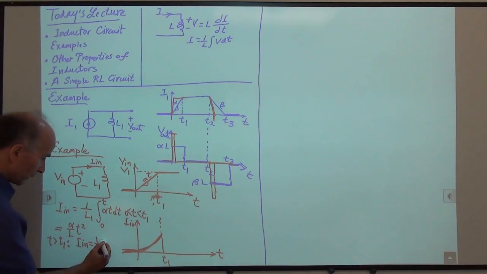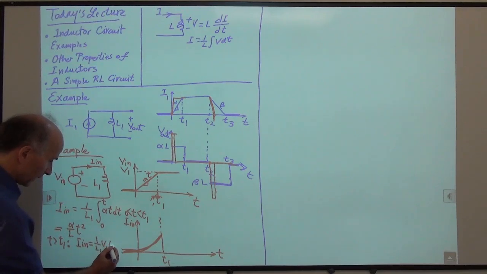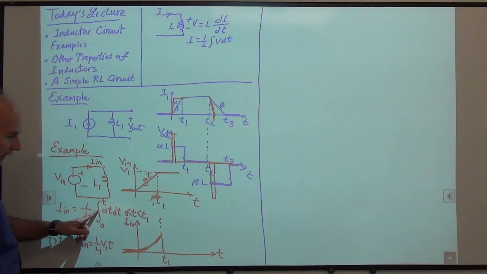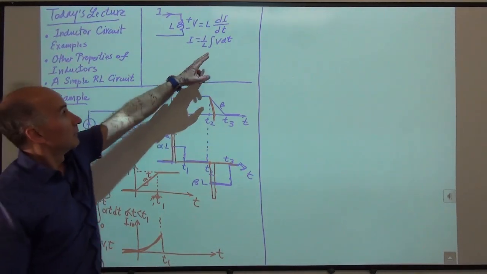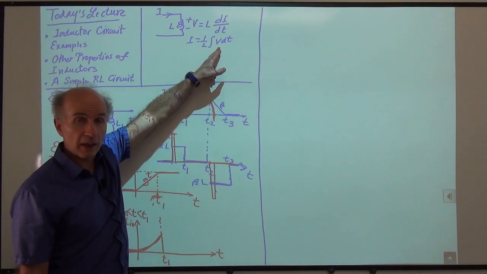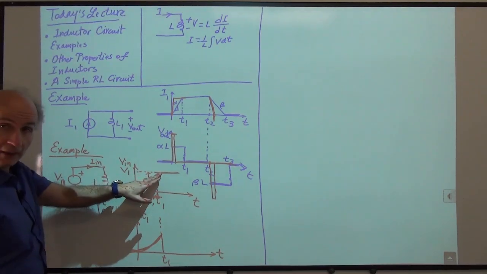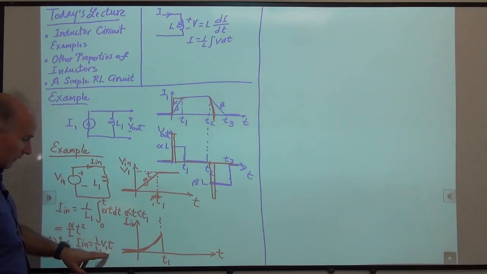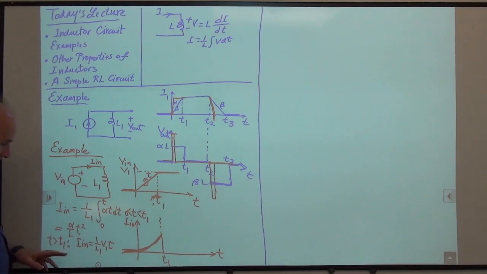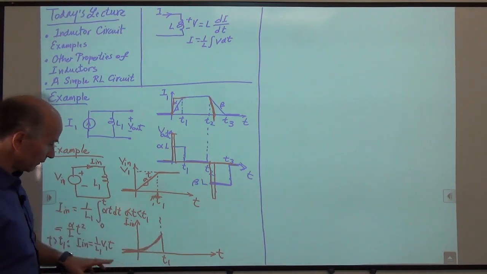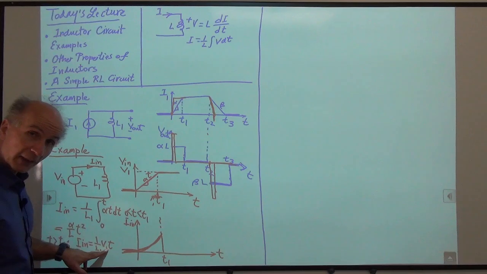So that would be V1 times T. Because I'm integrating V times dt, and V is given by V1, a constant value, so it comes out of the integral, and it just gives me T. So beyond T1, the current still grows, but now linearly with time.